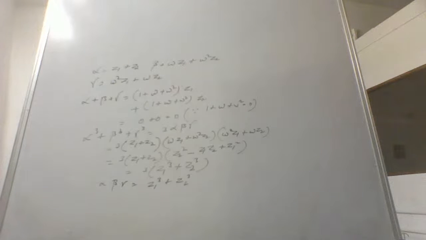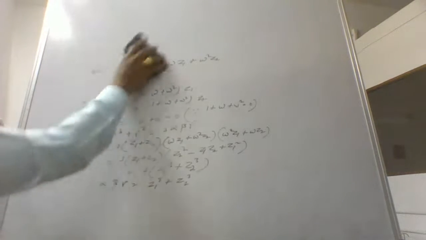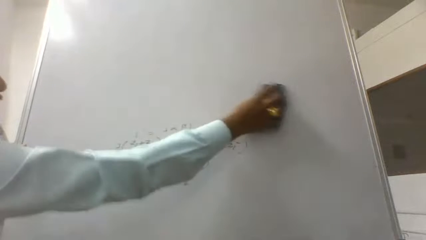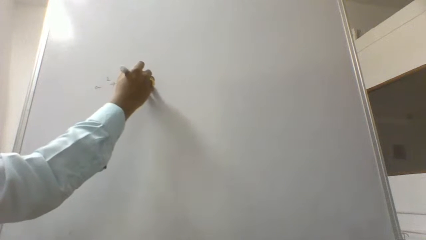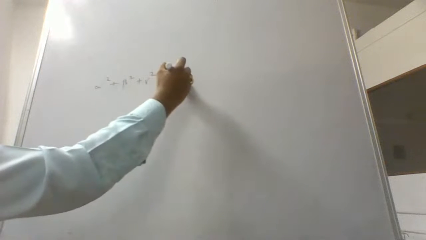Also we have alpha square plus beta square plus gamma square, which is equal to 6 times z1 z2.